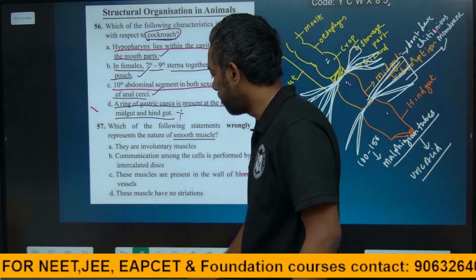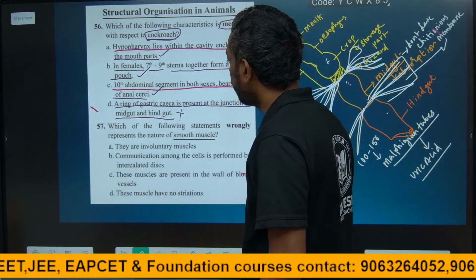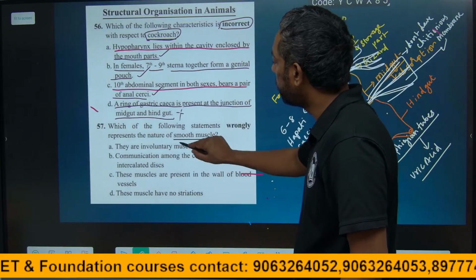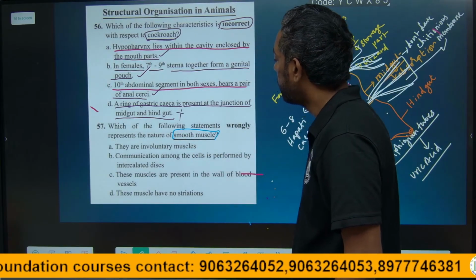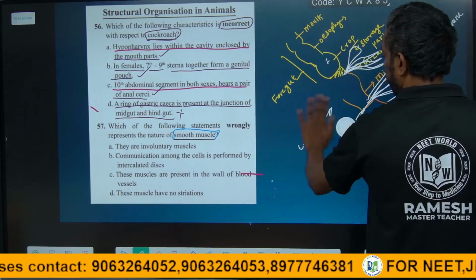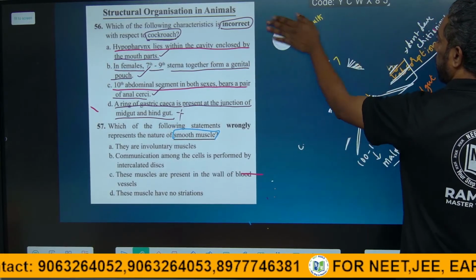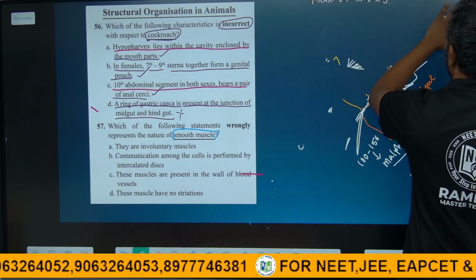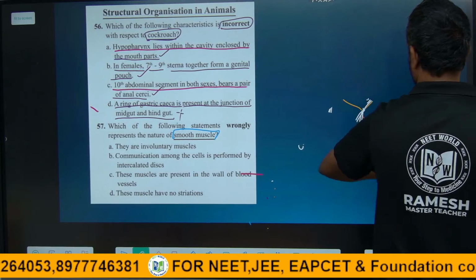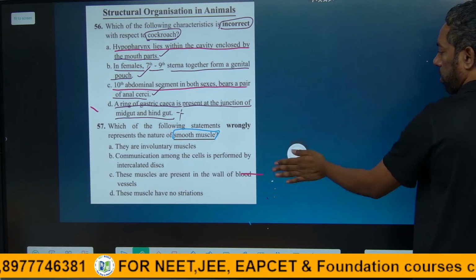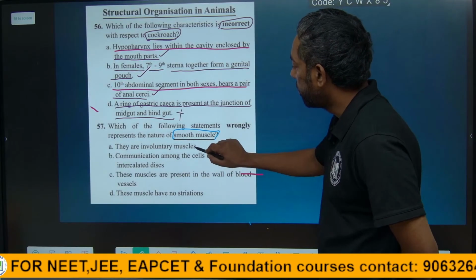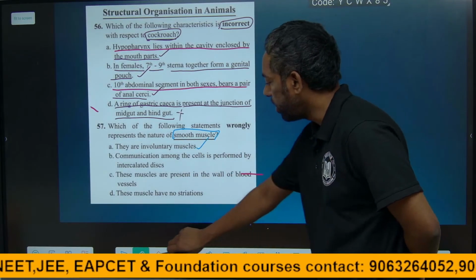Next question. Which of the following statements is wrong about the nature of smooth muscle? Smooth muscle, guys, what are smooth muscles? Yes, they are involuntary muscles. Of course, smooth muscles are involuntary muscles.